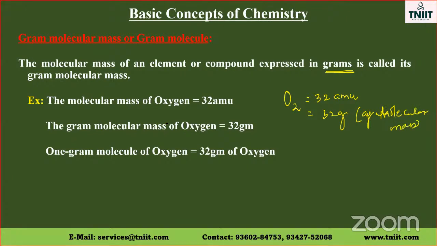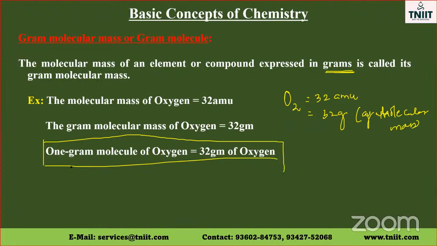So molecular weight expressed in terms of grams is called gram molecular mass. So 1 gram molecular mass of oxygen is 32 grams. What do you mean by 1 gram molecular mass? The molecular weight of one molecule, expressed in terms of grams, is 1 gram molecular mass. So therefore, it is 32 grams of oxygen.